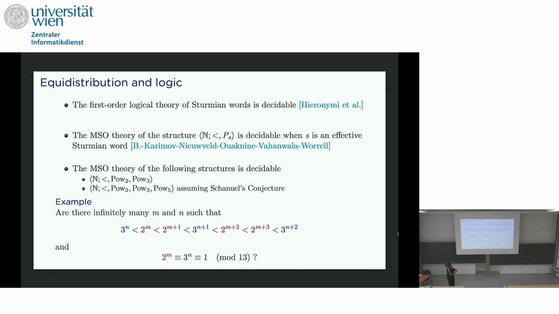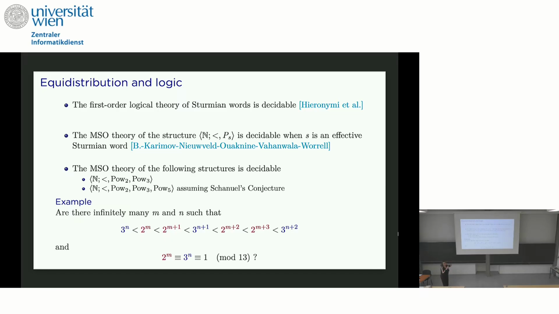Can you find infinitely many m and n such that you have this kind of ordering, plus some modulo condition? That's MSO flavor, modulo expression. You can express it in MSO and you can answer this kind of question.